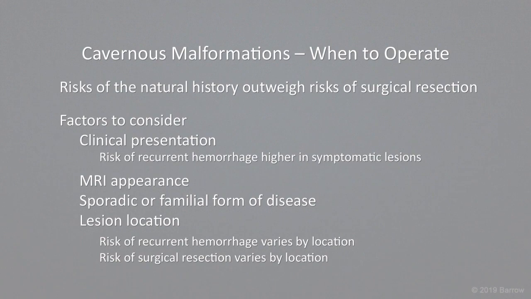We also discussed the multiple radiographic subtypes of cavernous malformations based on their MRI appearance and the associated risks of re-hemorrhage based on the initial MRI characteristics. Whether the patient is presenting with the sporadic or familial form of cavernous malformations is also important to consider, as is the lesion location. And recall that the risk of recurrent hemorrhage varies by location, with a higher risk of hemorrhage for those lesions located in the brainstem.